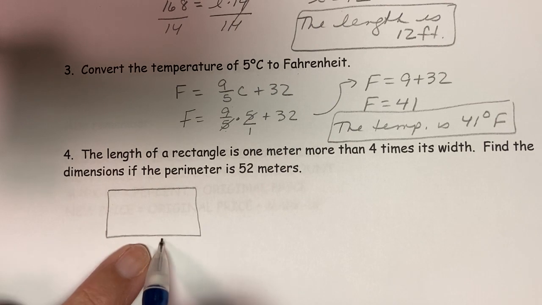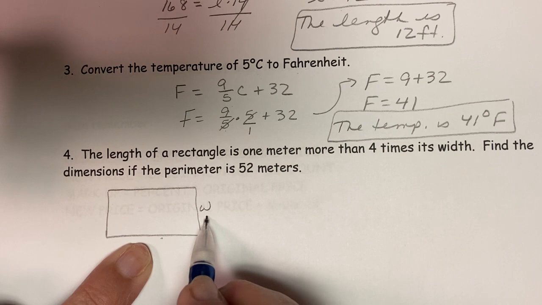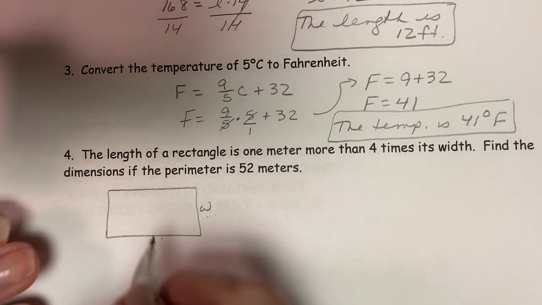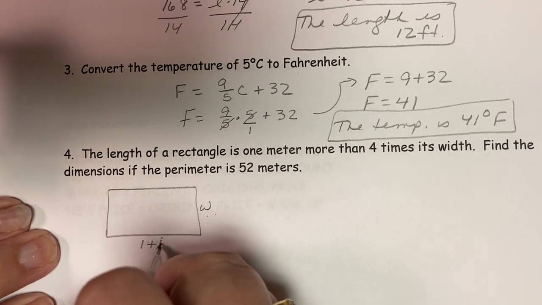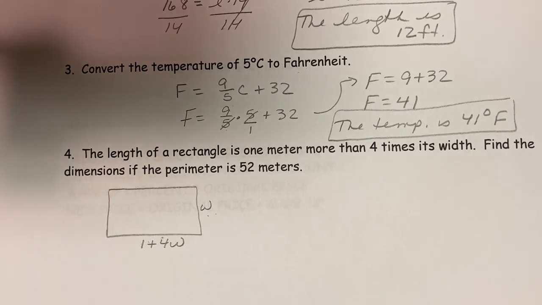So it says the length of the rectangle is 1 more than 4 times the width. So we're going to call the width W. What would the length be? It's 1 more than 4 times this. So that's 1 plus 4W. So we have defined our variable there.